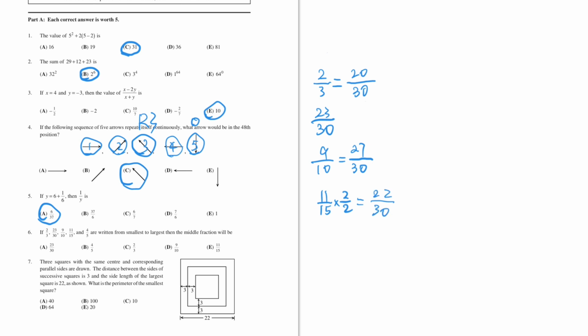The last one is 4 over 5 times 6 over 6, that's 24 over 30.